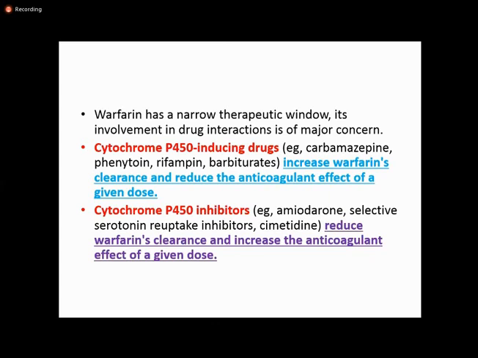Warfarin has a narrow therapeutic window. Its involvement in drug interaction is of major concern, and already we have discussed this point, right? Because its metabolism is cytochrome P450 enzyme dependent. So the drugs which induce cytochrome P450 enzyme, like carbamazepine, phenytoin, rifampin, and barbiturates, will increase warfarin clearance and reduce the anticoagulant effect of a given dose.